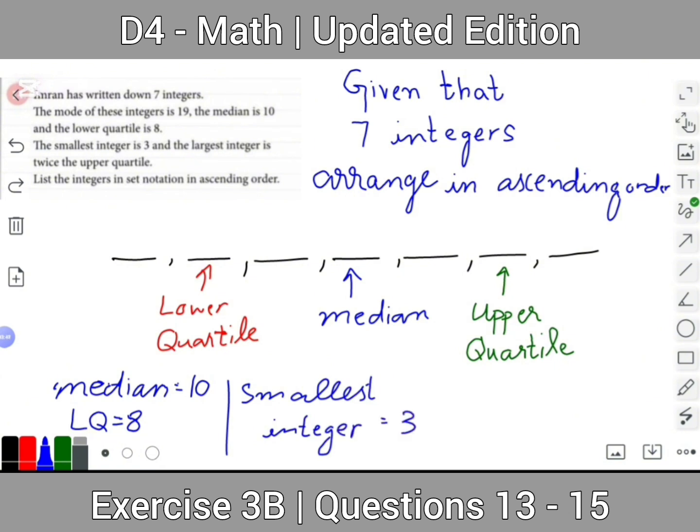So now we will fill in the given information in the respective positions. So on the first position we have the smallest integer, and that is 3. And since the lower quartile is given, we will write down at the second position 8. And the median is also given, and that was 10, so we will write down at the fourth position 10.